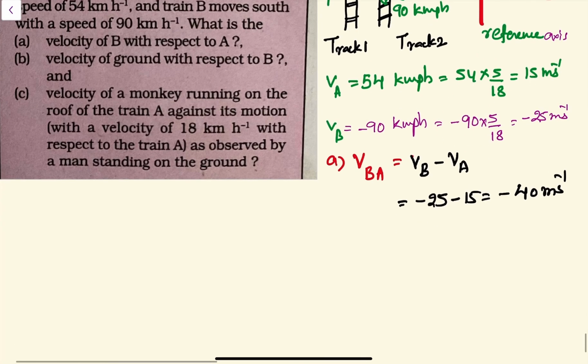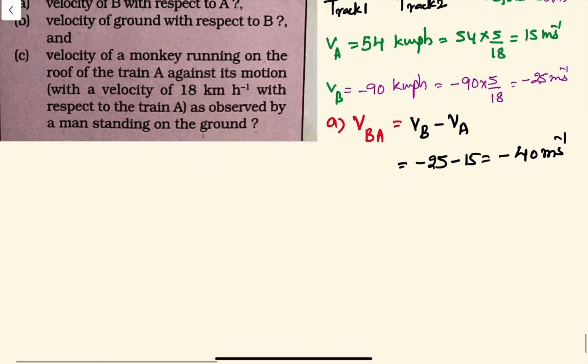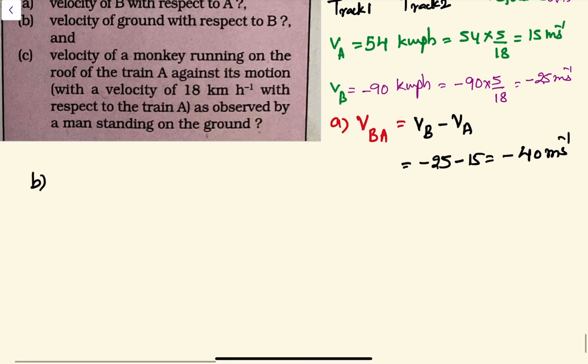Second one, velocity of ground with respect to B. See, VG minus VB. What is the velocity of the ground?